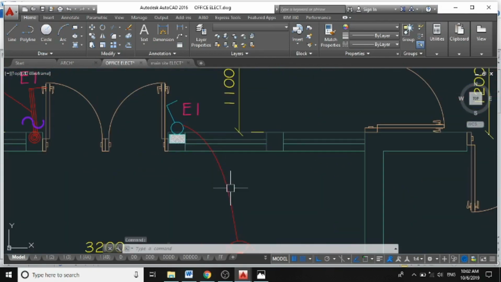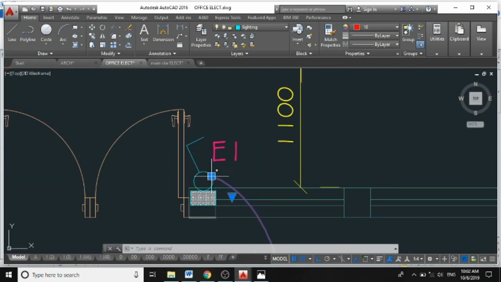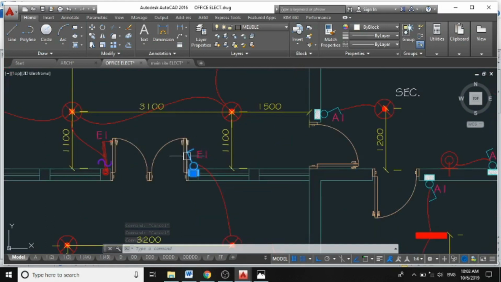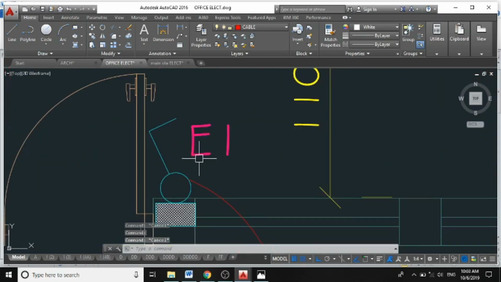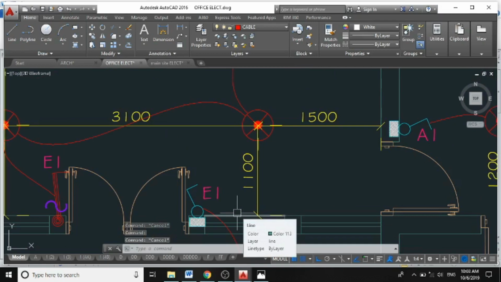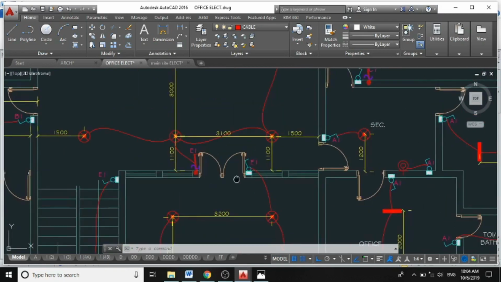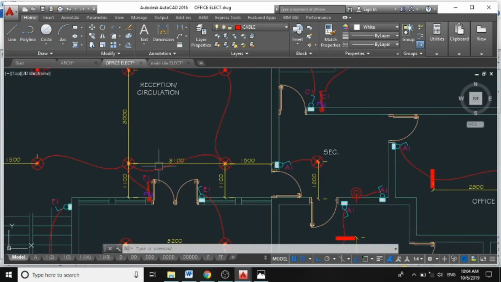And for the switches, after I've distributed my lighting fixture and I've run my circuit, the cable is directed to my electrical switch, which then goes to the distribution board. For this switch here, the panel identification is E1. Panel identification, as I've said earlier, are always alphanumerical codes.